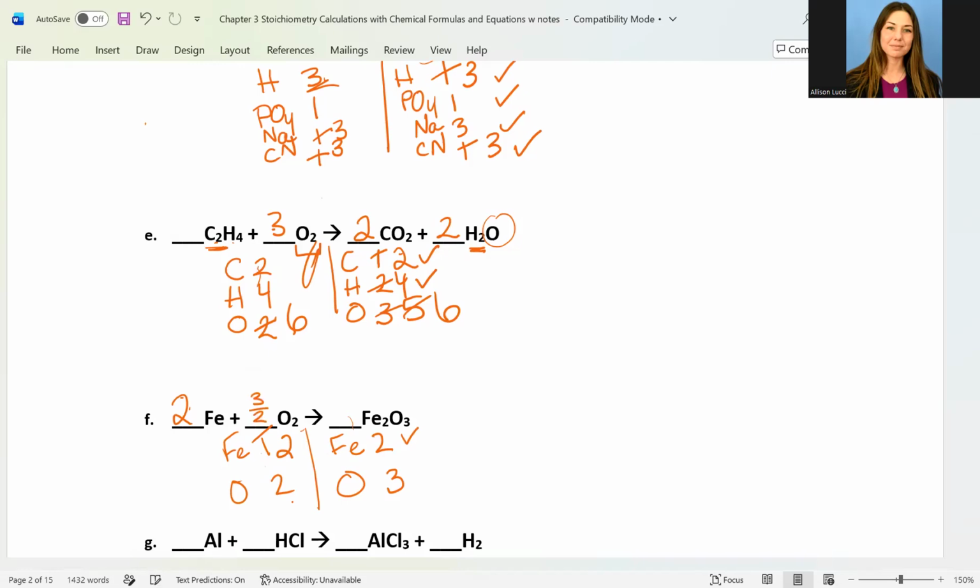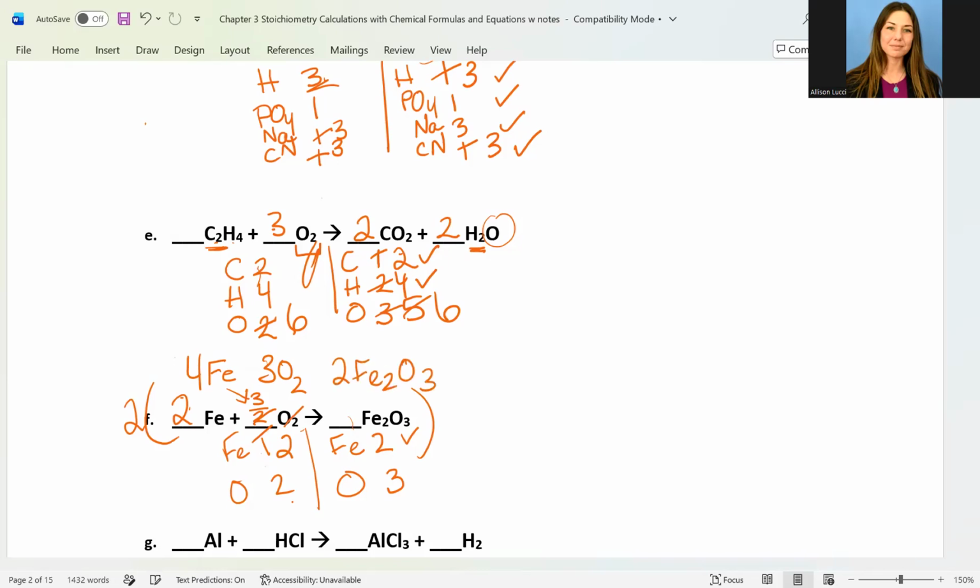So I could multiply initially by 3 halves, knowing that that would give me the 3 oxygens that I need. But since I can't keep a non-whole number here, I can't use a fraction, I'm going to multiply all of my coefficients that I have so far by 2, and I'm going to see that I need 4 Fe and then 3 O2, and we're going to end with 2 Fe2O3.